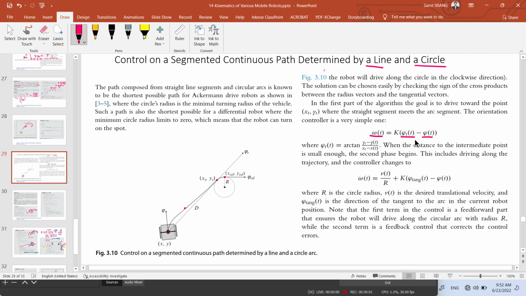Now I call it intermediate because we don't use phi reference, but instead we use phi of t, and phi of t changed over time. As you can see here, phi of t. So at any point in time, we can compute this point, x(t), y(t). So we can compute phi of t. So it must be different over time.